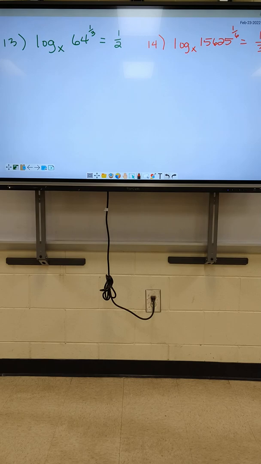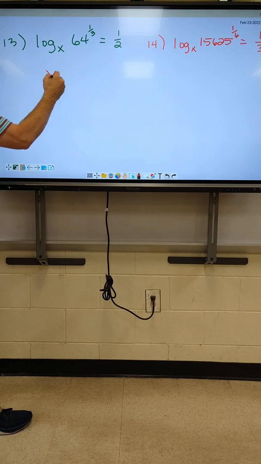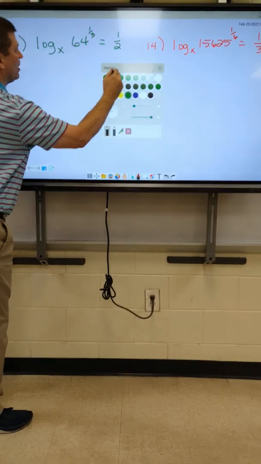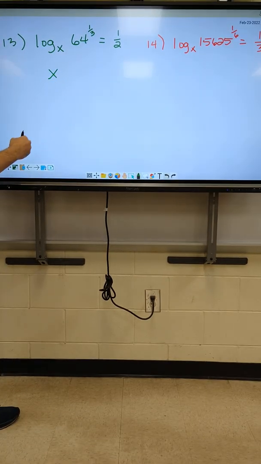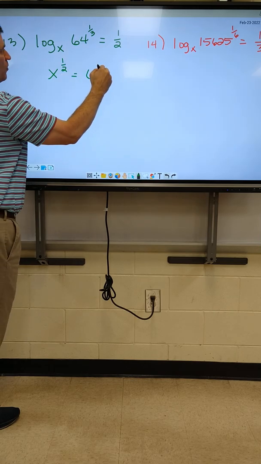You go ahead and write them down, set them up in exponent form. All right, so how do we set 13 up? Again, you always start with the subscript. Take it down to x. We take x down, make it our base. So it's going to be x to the 1/2 equals 64 to the 1/3.